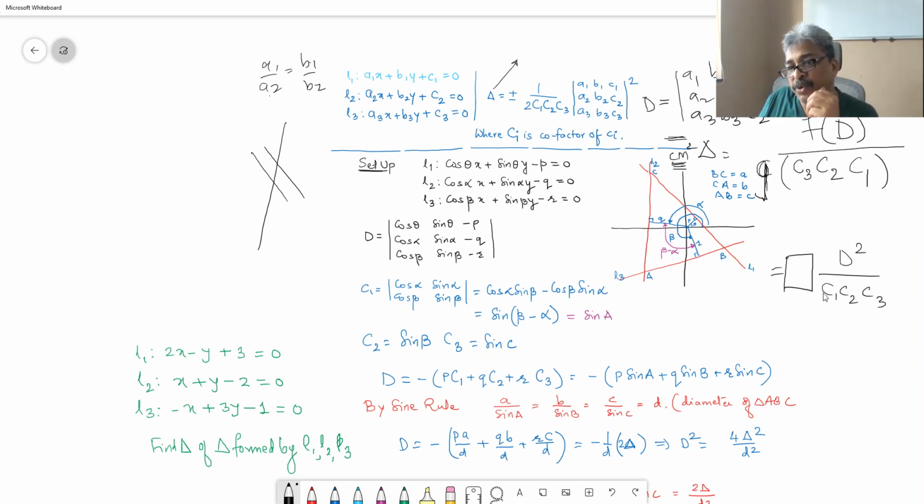And then maybe if you have got this, then you take three simple lines whose area is known to you and put it in this and get the factor 1/2. That will complete your proof. Maybe check it for one more triplet of lines, and cross check whether you are getting the correct answer or not.